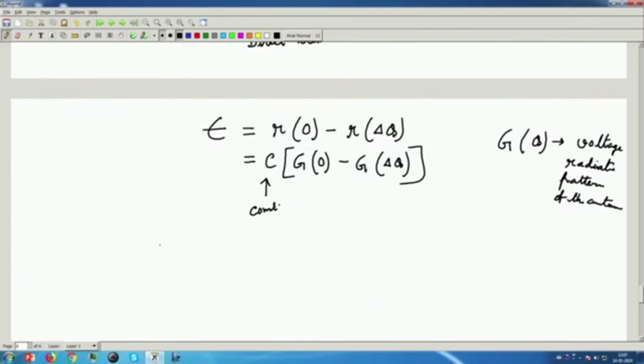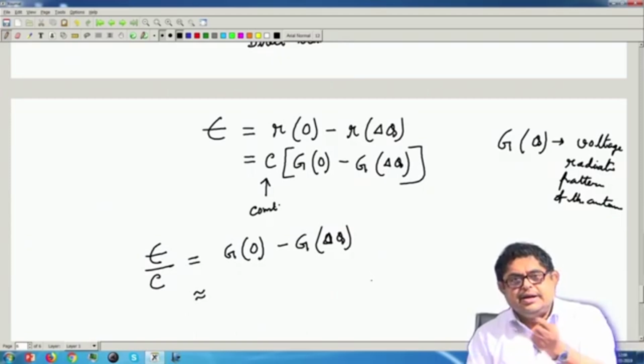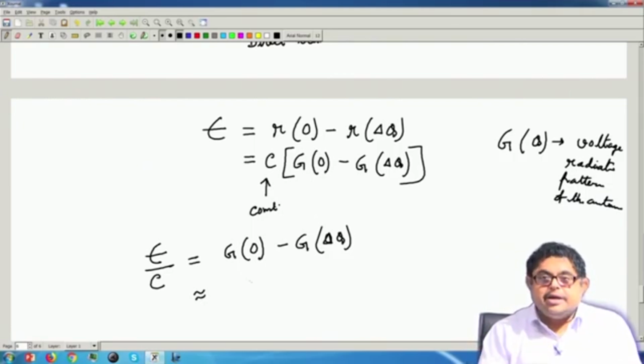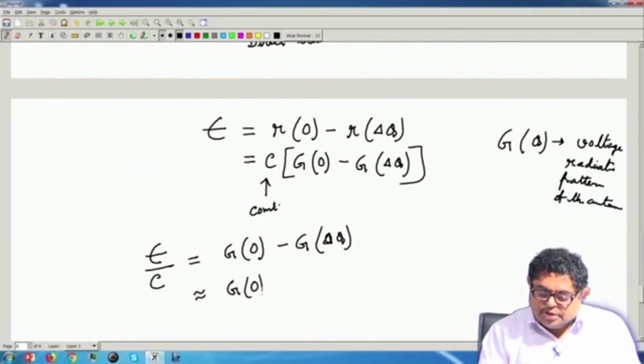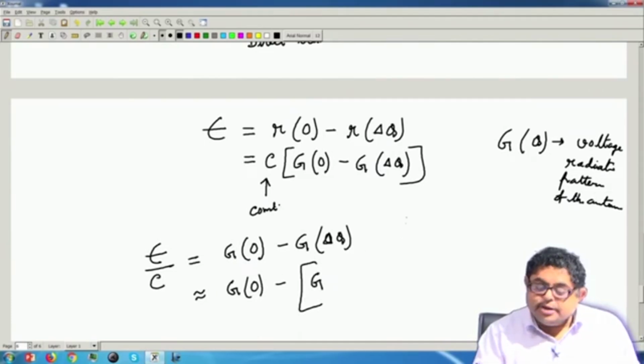So, what I am writing is epsilon by C, that is G 0 minus G delta theta, and if I expand G delta theta in a Taylor series, since delta theta is small, it is nearby 0. So, by Taylor series I can expand, that is why I am writing approximately it will be G naught minus the Taylor series.